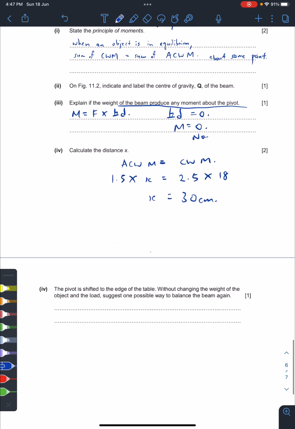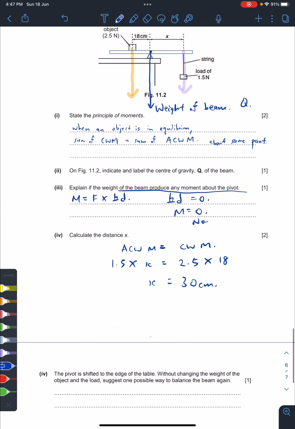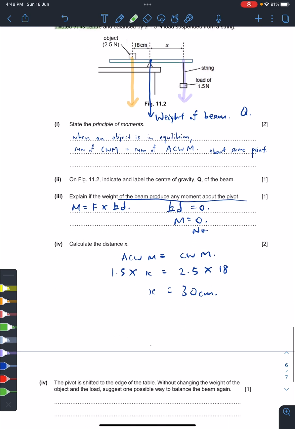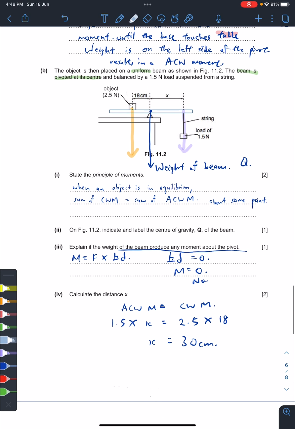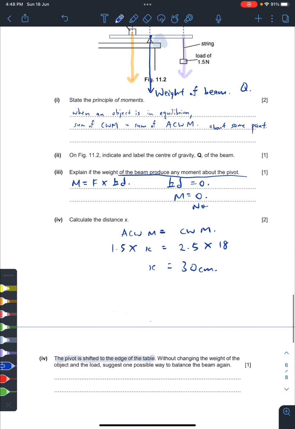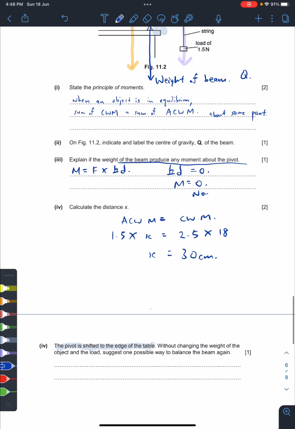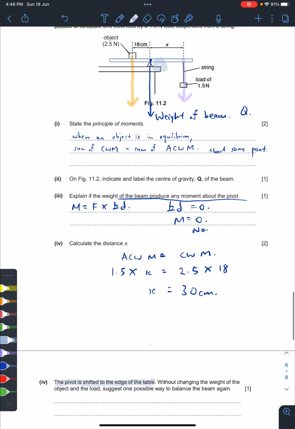And lastly, what happened? Now your pivot, give it a different color. Maybe I give it a light blue. Shifted to the edge of the table means your pivot is now like this. So what happens is it will move this way. So your beam will become lopsided, basically. So what can you do?